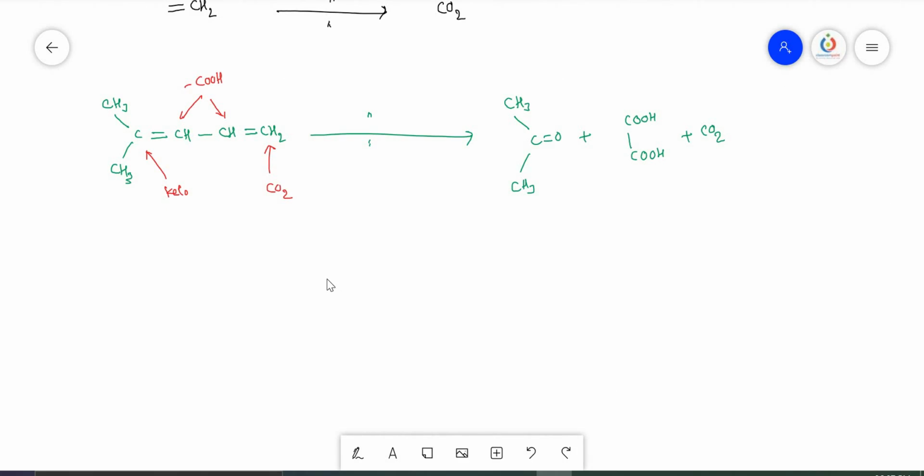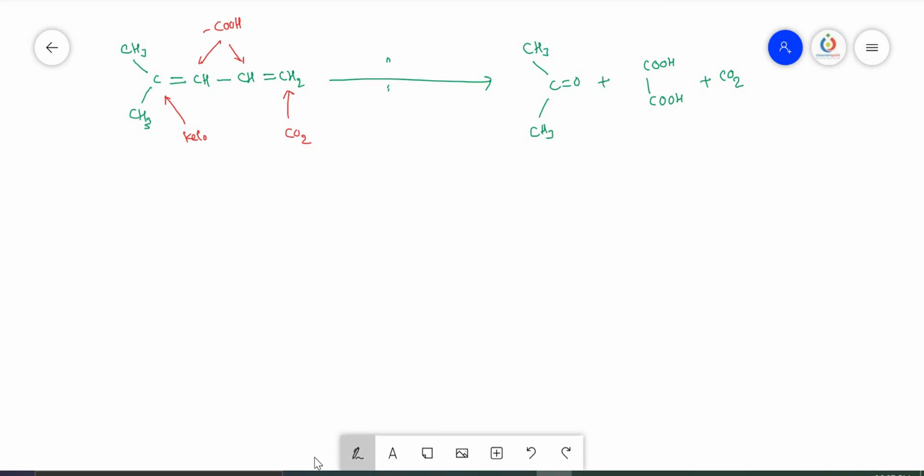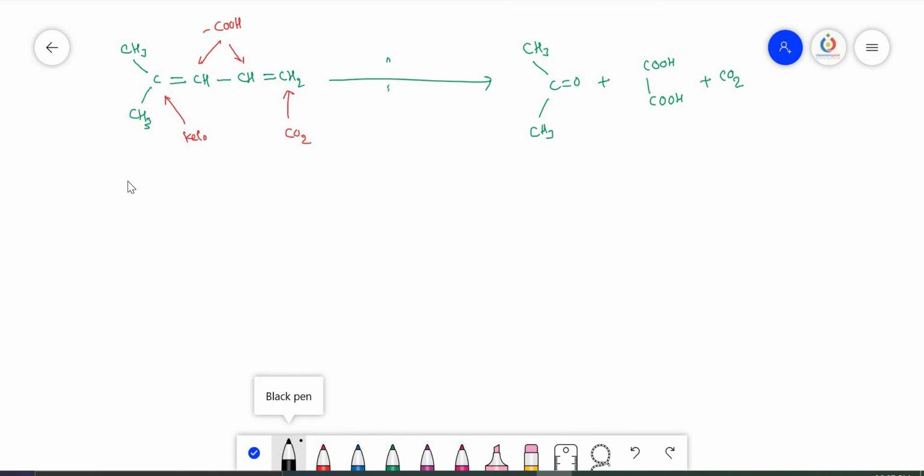Okay. So now I'll give some examples, and let's complete the alkyne part also. One of the important parts is what happens if alkynes undergo ozonolysis. You must remember one important thing, this is a very important part.